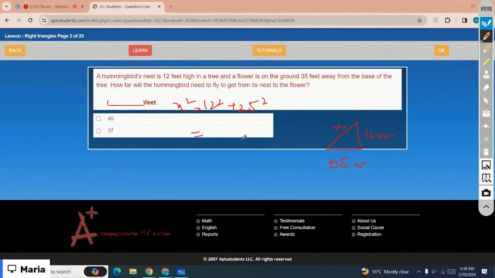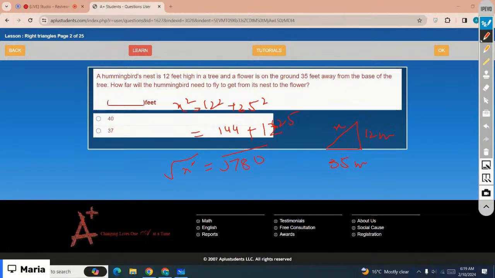So 12 squared is 144 and 35 squared, no, that is not 625, that is 1225.